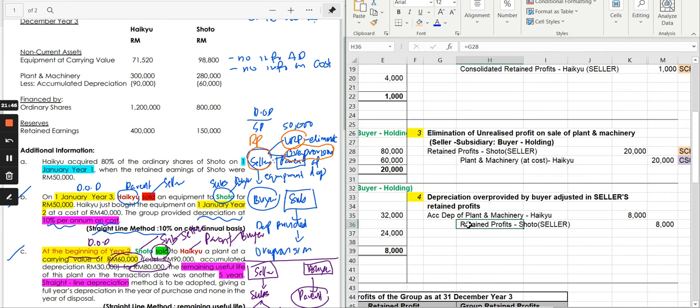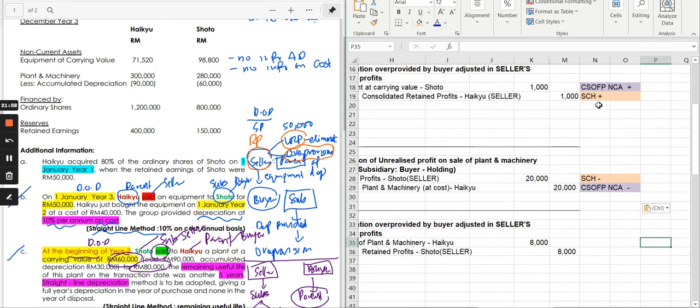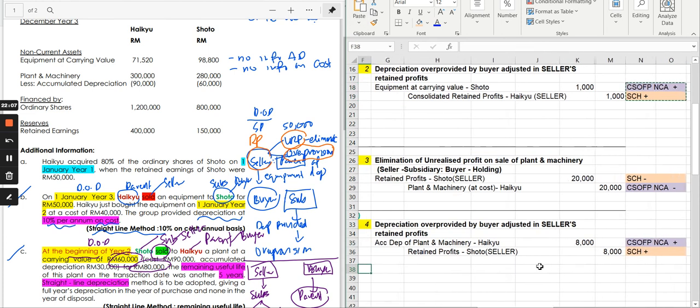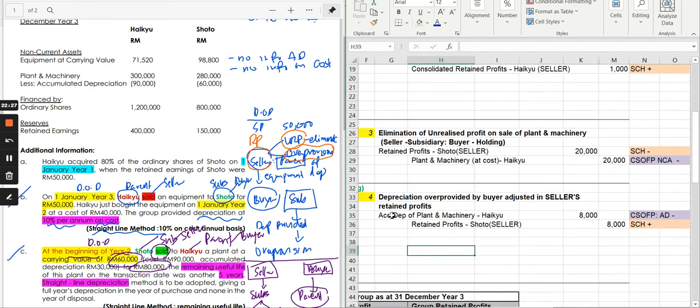You reduce the depreciation: credit the retained profits of the seller, this 8,000, and debit the accumulated depreciation of the buyer. Just like what you have done earlier, only here you are not adjusting the non-current asset, but the AD. AD stands for accumulated depreciation, and you need to reduce the depreciation. That's why it is being deducted.